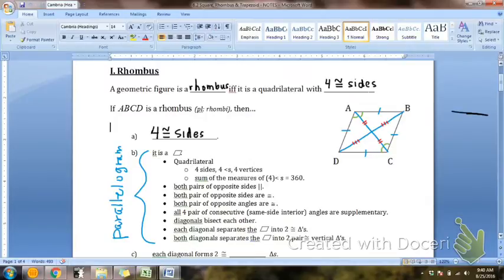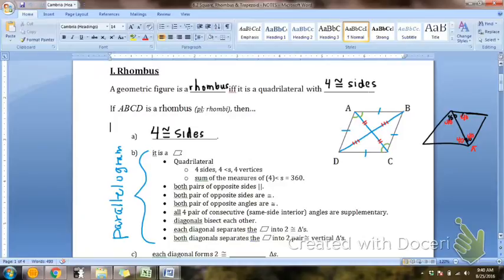Because if this was 80 and this is 80, because opposite angles are congruent, and I cut this down the middle, how much are each of these on the side? They're each 40, right? If I cut this one down here also in half, then this is 40 and this is 40. So do you see how all 4 of them are exactly the same?